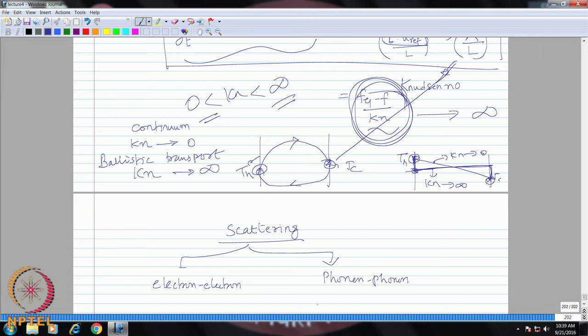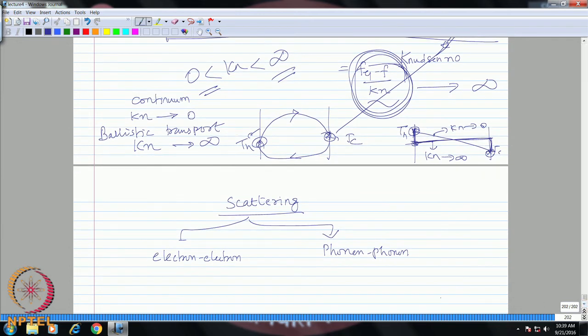So, now if you are looking at solids, for example semiconductors, where phonon transport is the most dominant, it is not only phonon phonon scattering, but you also have phonon scattering with other things such as impurities, okay.